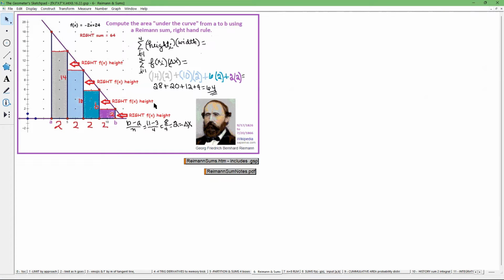In each case, the height times the width will give you the area of the box, the rectangle. If you add up the areas, you'll get the sum. There are notes on that, and again, you went to the Sketchpad for it.